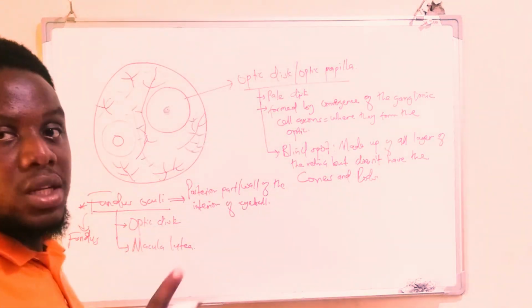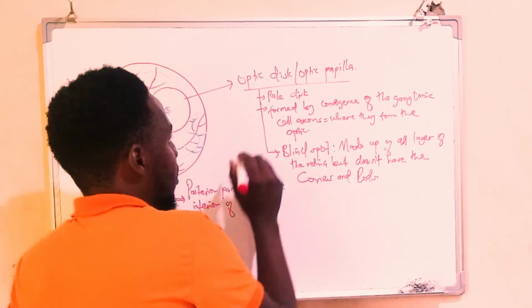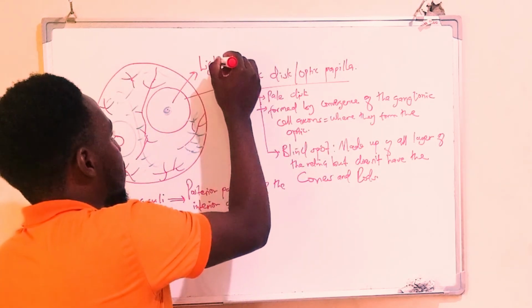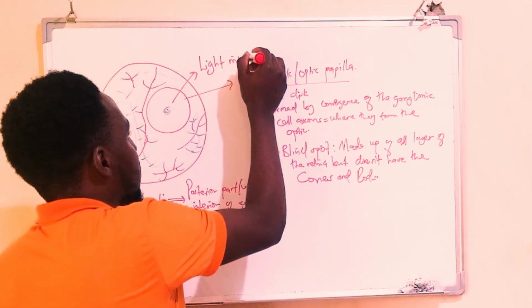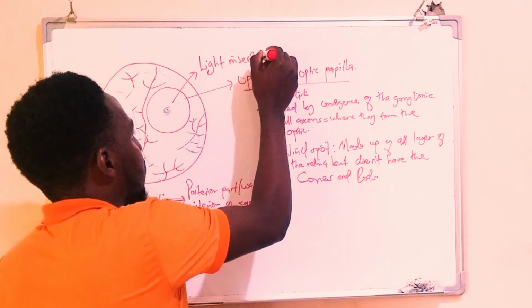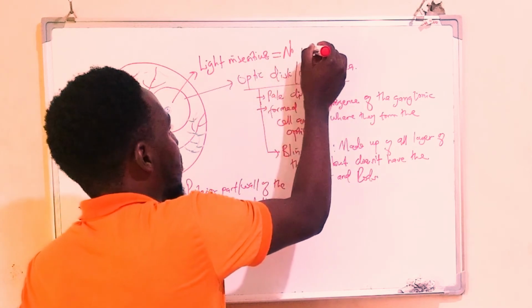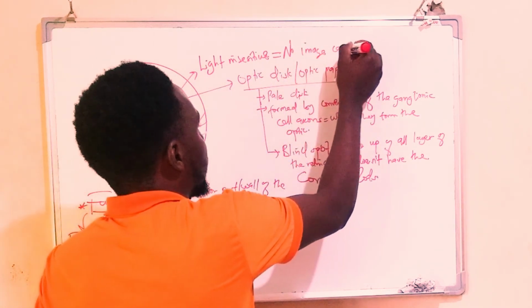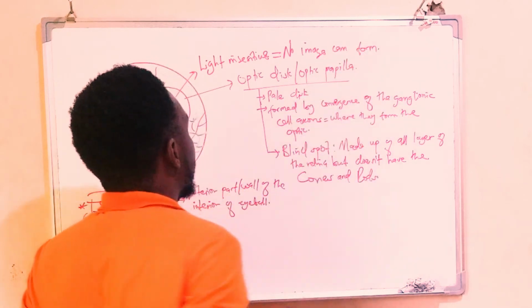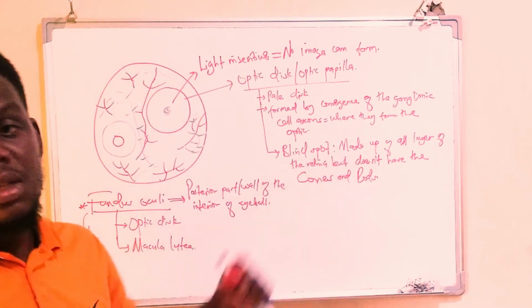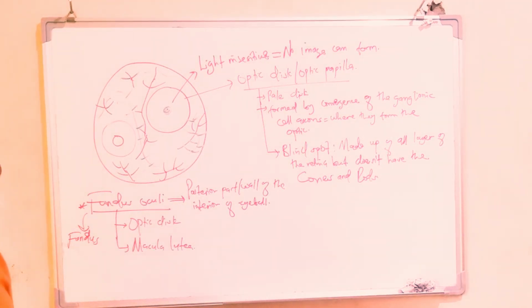Due to that, this part here is light insensitive. It's not sensitive to light. So since it's not sensitive to light, no image can form when light rays hit the optic disc. Hence the name blind spot. That's why it's known as the blind spot.